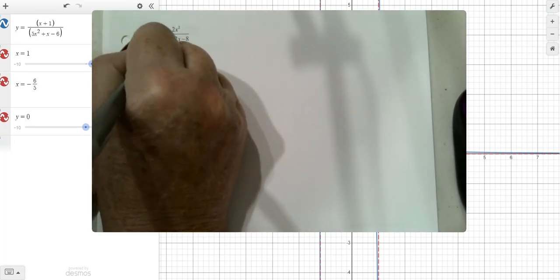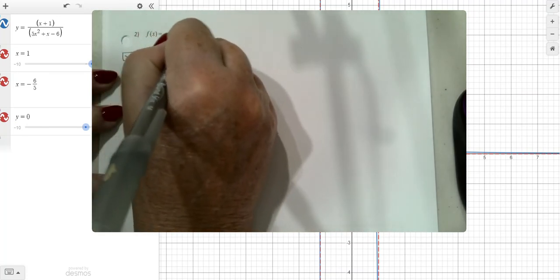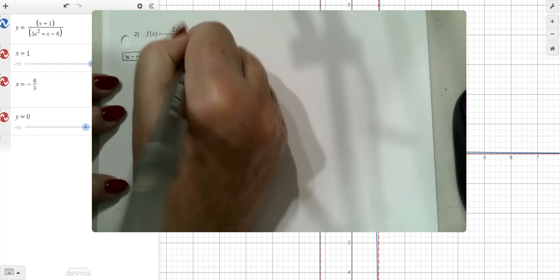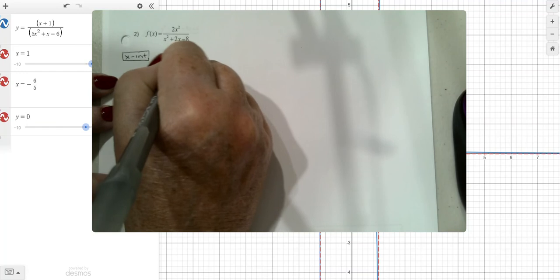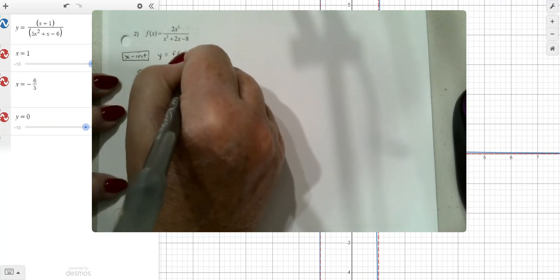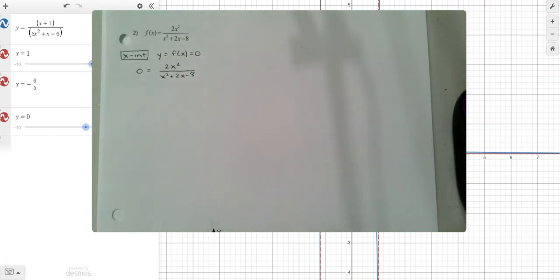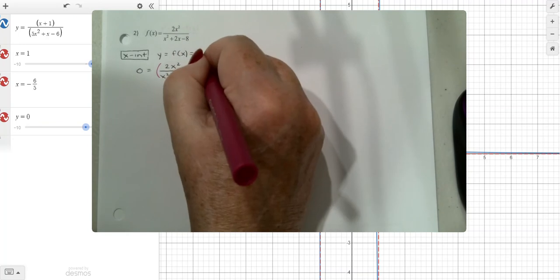So for my x-intercepts, I substitute y, or in other words, f of x equals 0. And we're going to clear those fractions. You've seen this a bunch of times now.